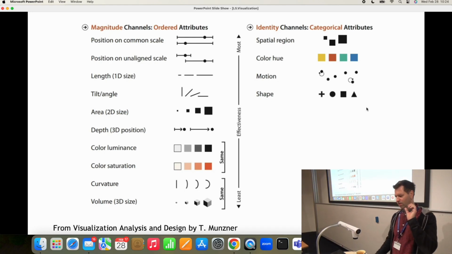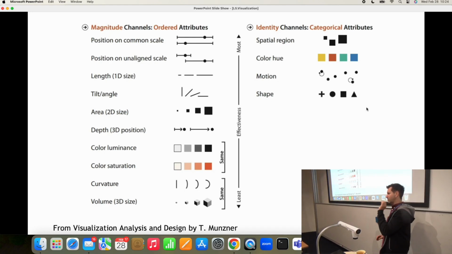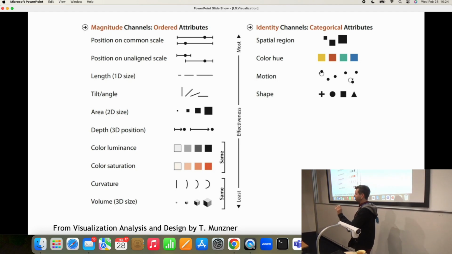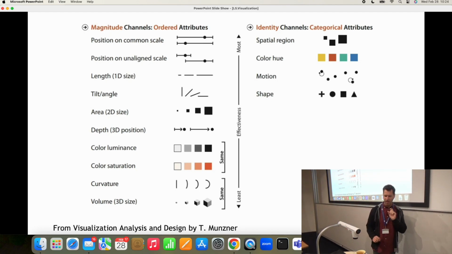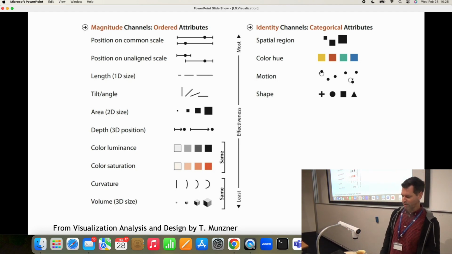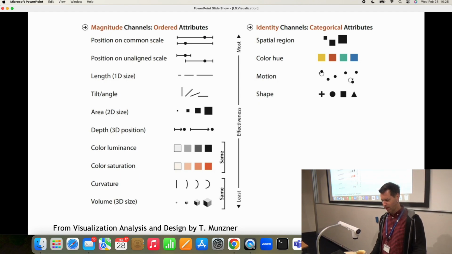So spatial position is the top rank, then color is ranked second, and animation is ranked third, and shape is ranked fourth. So if you have a choice between how you're going to represent some data, you can start at the top and work your way down in terms of effectiveness.